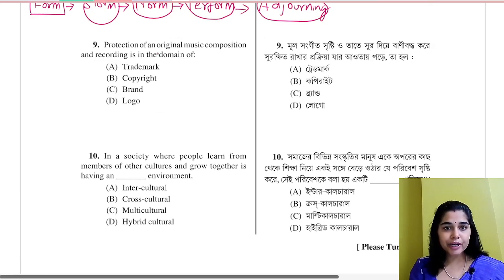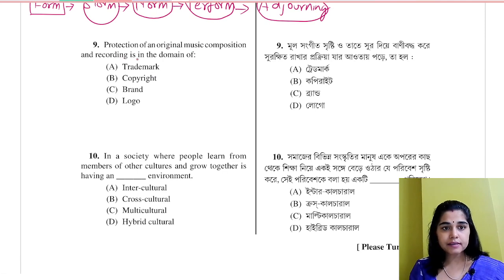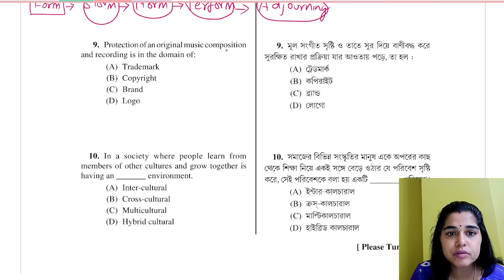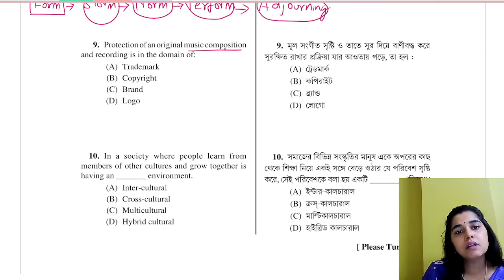Protection of an original music composition and recording is in the domain of... Here they're asking about musical composition. Music is related with copyright, not trademark.